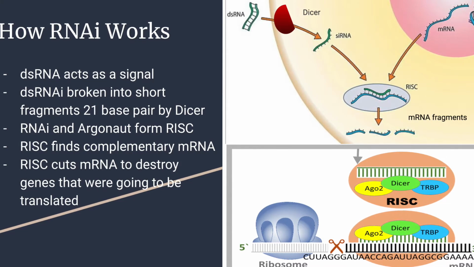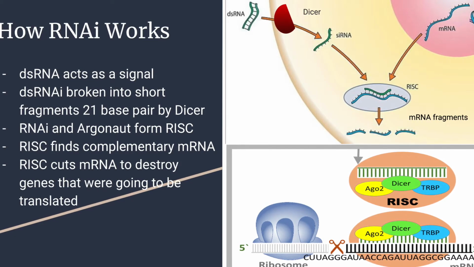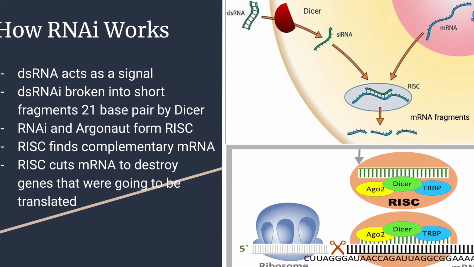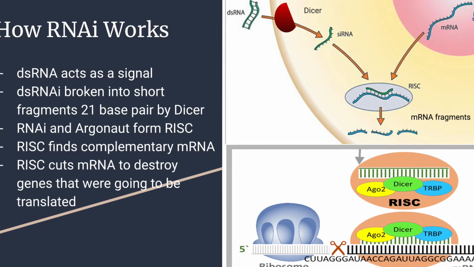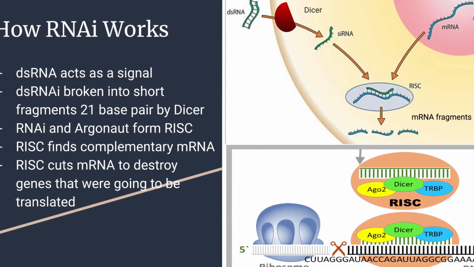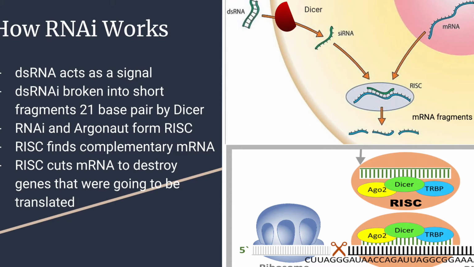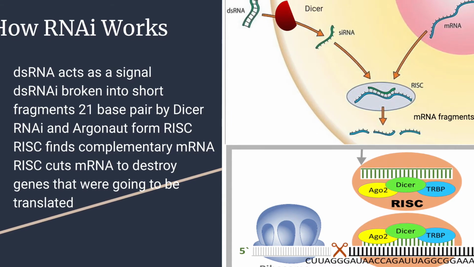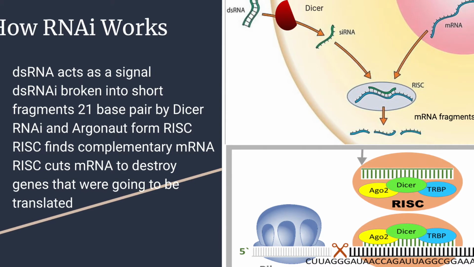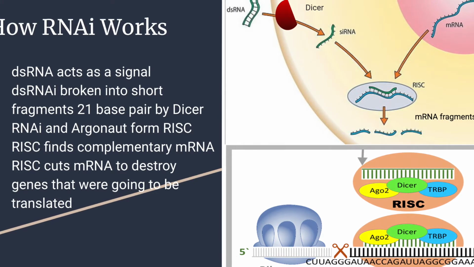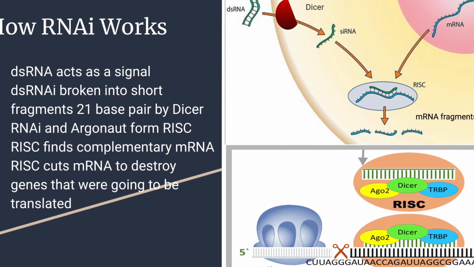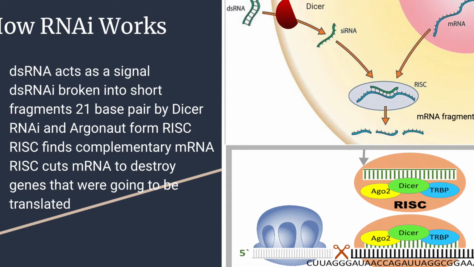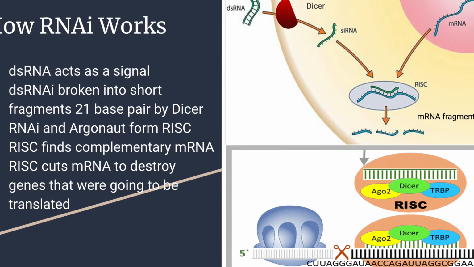Now with the specific sequence on the siRNAs that we've coded for when we made the double-stranded RNA, that specific sequence is going to be able to search the mRNA, which is like all the transcribed DNA. And once the desired gene is found, it'll bond due to complementary base pairing, which I'll go into a bit later. And then the gene can be cut out of the mRNA and destroyed.